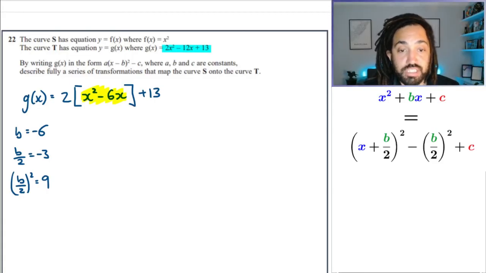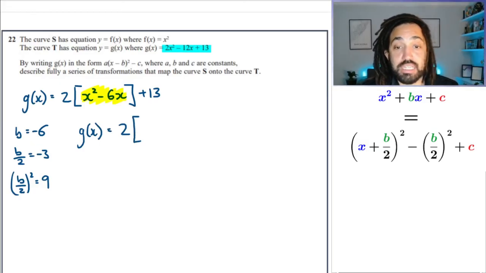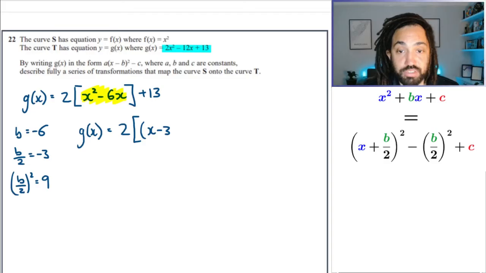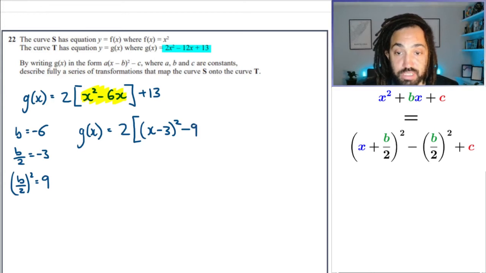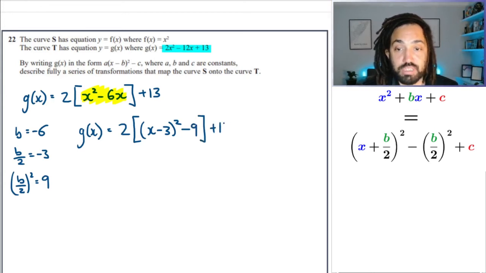We're then going to say that g of x is equal to 2 lots of big square bracket, and then we're going to complete the square for that yellow 2-term quadratic, and we're going to write x plus b over 2, so that's x plus minus 3, so x minus 3, all squared, and then always take away b over 2 all squared, which is 9, plus 13.